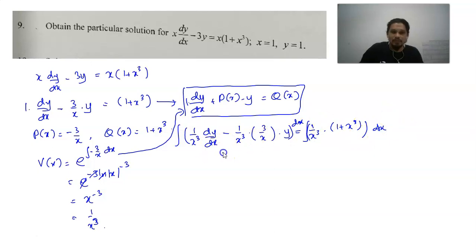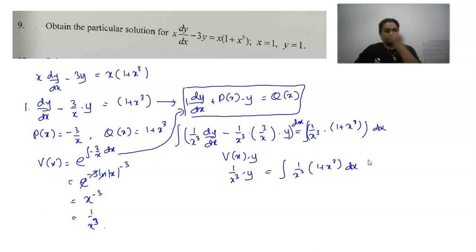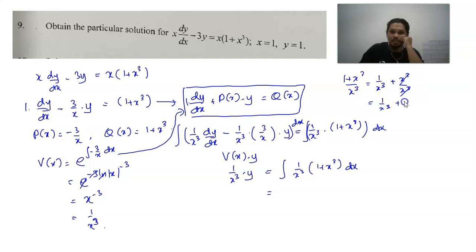The left side gives V(x) times y. So 1 over x cubed times y equals the integral of 1 over x cubed times (1 plus x cubed) dx. Now, (1 plus x cubed) divided by x cubed is 1 over x cubed plus x cubed divided by x cubed, which is 1 over x cubed plus 1.